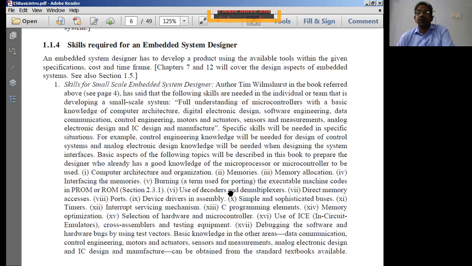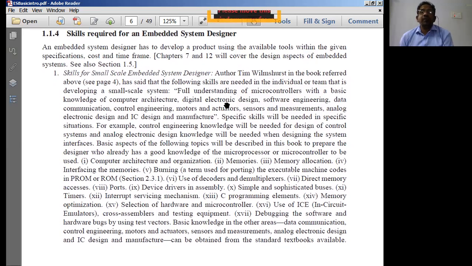Then only can you write an effective and efficient program. So what skills are needed in an individual or in a team developing a small scale embedded system? You should have a full understanding of microcontrollers, with basic knowledge of computer architecture. As I was telling you, computer architecture is the interconnection of the various peripherals with the processor.